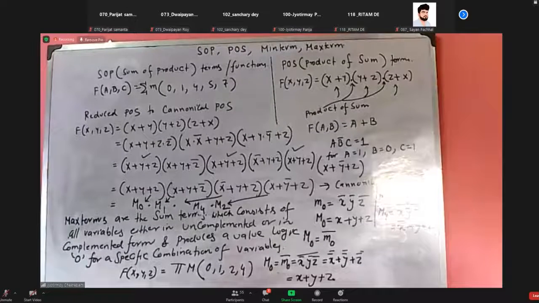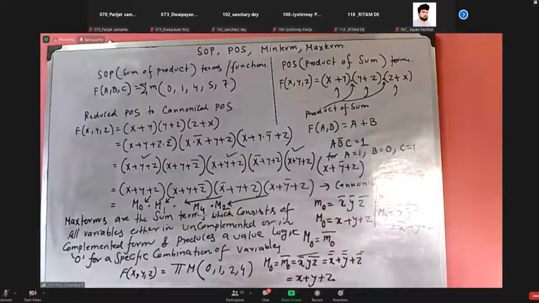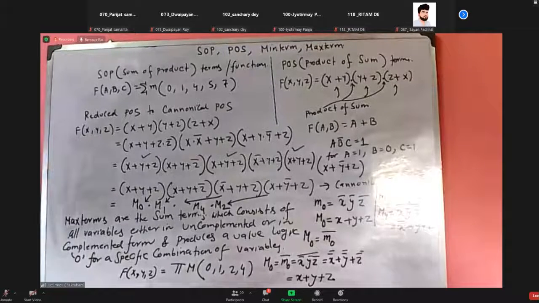If any one of the min terms is 1, the function is 1, since there is OR. So if any one of the product terms is 1, the function is 1.